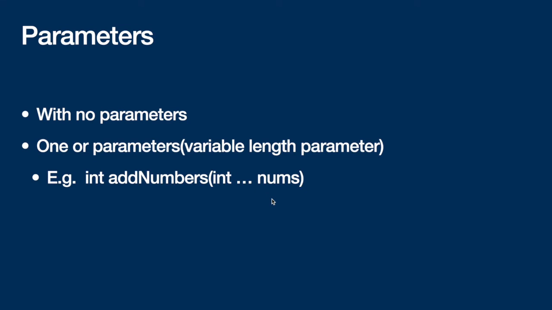Okay, so if we call the add numbers method at different places, we can have no argument at all. When we call this method, we can have one argument, two arguments, 10 arguments as we like. So this gives you the flexibility of using various numbers of variables in the method call.